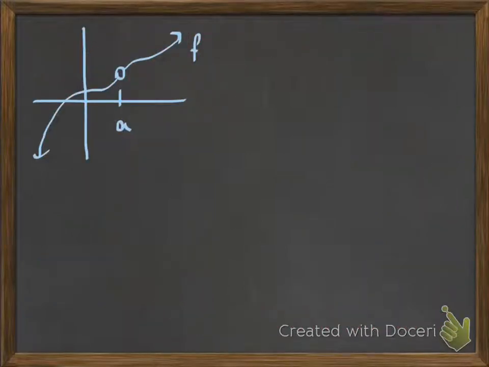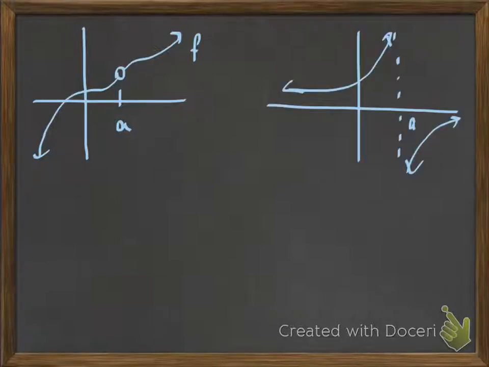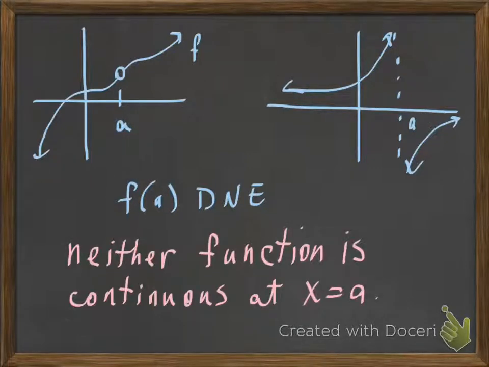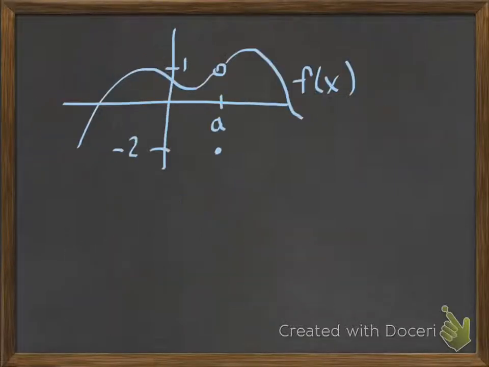The second thing that could go wrong, we could have a function that just has a hole at a. And I certainly have to lift my pencil up from the paper to draw something that has a hole in it. Or I could have something with a vertical asymptote. So again, a is not in the domain of this function f. So in both of those cases, f of a does not exist, and so neither function is continuous at x equals a. And the final thing that could go wrong is indicated in this picture.